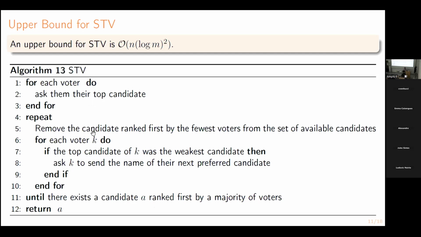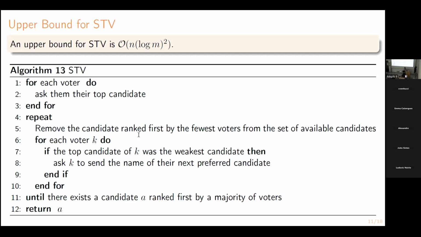So you remove the candidate ranked first by the fewest voters, but now, to reduce the number of bits communicated, you are just going to ask the people that had the removed candidate as their top, which one is their second. So you don't ask everyone to repeat their preference, but just the people that had this person as their favorite.